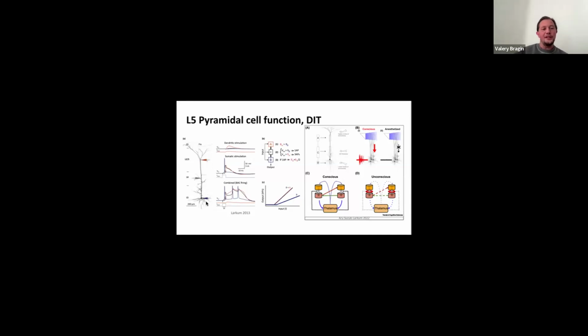But when you have a somatic spike, you have this backpropagating action potential that goes up the dendrite. And if this coincides with the dendritic stimulation within a certain time window, right, you have this coincidence detection, and it decreases the threshold for burst in soma. So in soma, you can get this burst instead of a single spike. So this is kind of a nonlinear potentiation due to coincidence detection.